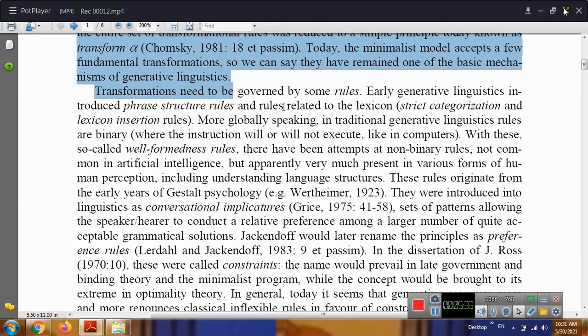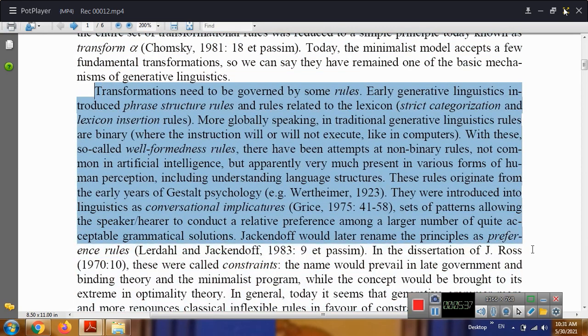Transformations need to be governed by some rules. In the previous paragraph, we introduced transformation, defined it, and explained the changing of transformational rules through time and their final form.